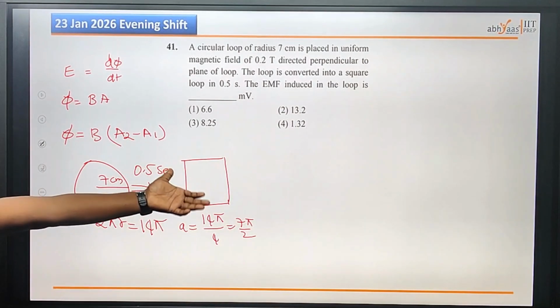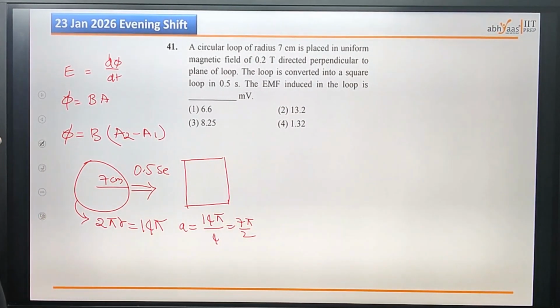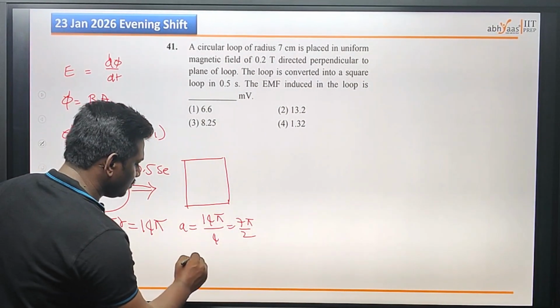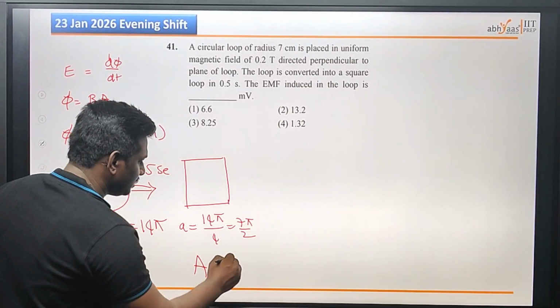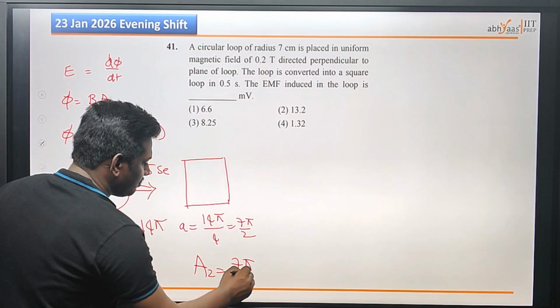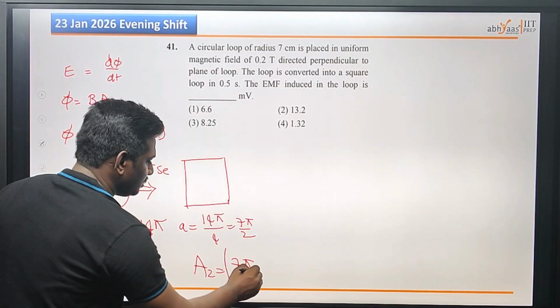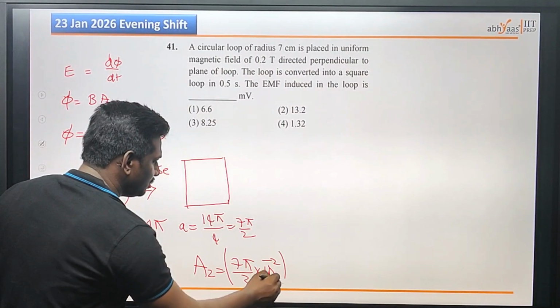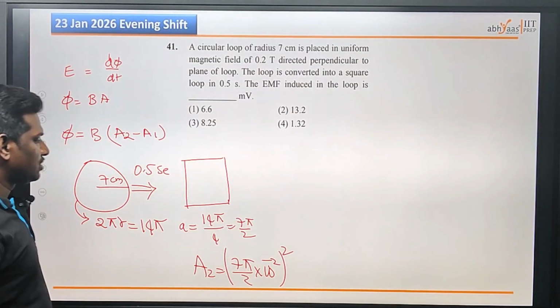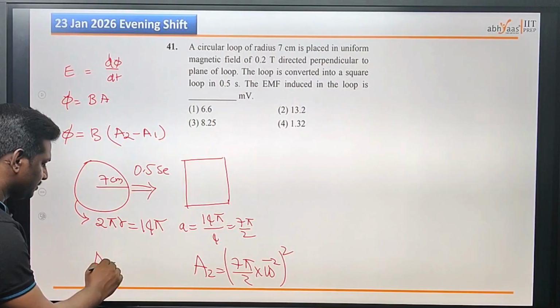So the area of the square, that is A2, can be written as 7 pi by 2 into 10 to the power minus 2, whole square. What is our A1?